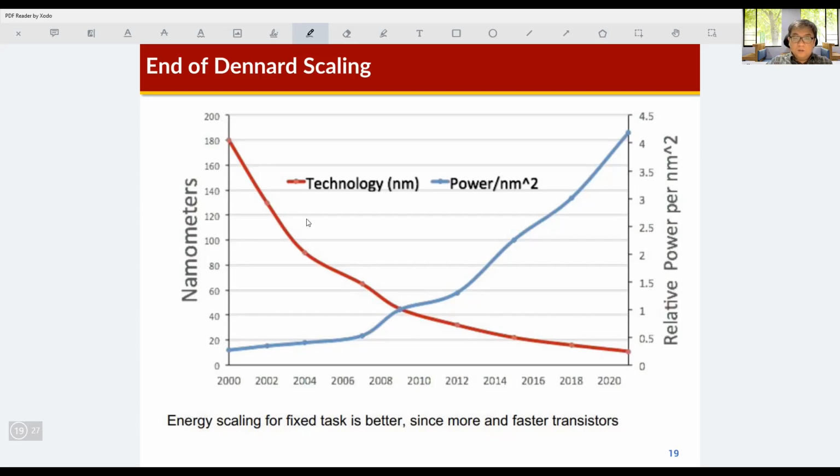Technology is also advanced, so we can apply a narrower channel length for the CMOS transistors, but as Dennard scaling ends, the power density for the CPU or processor increases. It's also very critical. That means our CPU chip will consume more power. That's why power management or DVFS technique is very critical in modern CPUs.